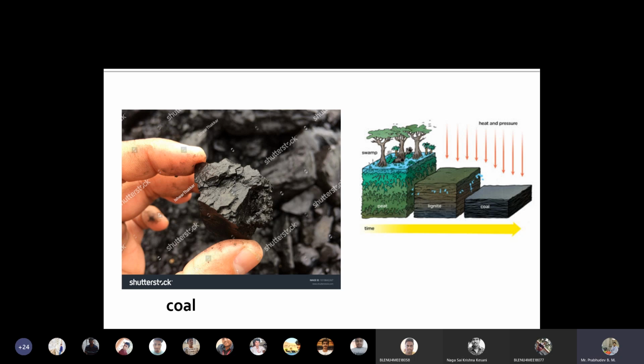That means only two generations. The next generation can only see the coal reservoirs. After that, it will get depleted. So these are the reasons why people are looking for renewable sources of energy, because everything is getting over.